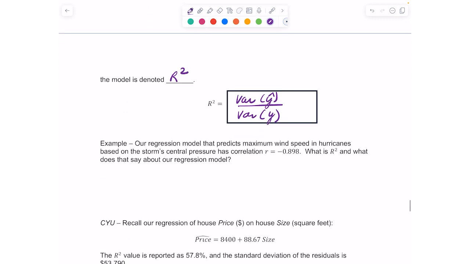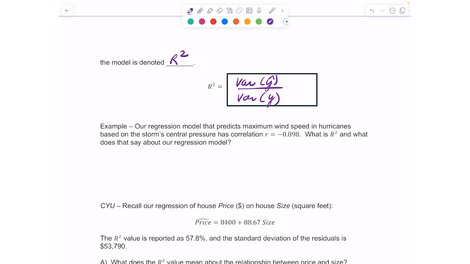Our regression model that predicts maximum wind speed in hurricanes based on the storm's central pressure has a correlation of R equals negative 0.898. We looked at that in a previous video. So what is R squared, and what does that say about a regression model? R is actually related to R squared.